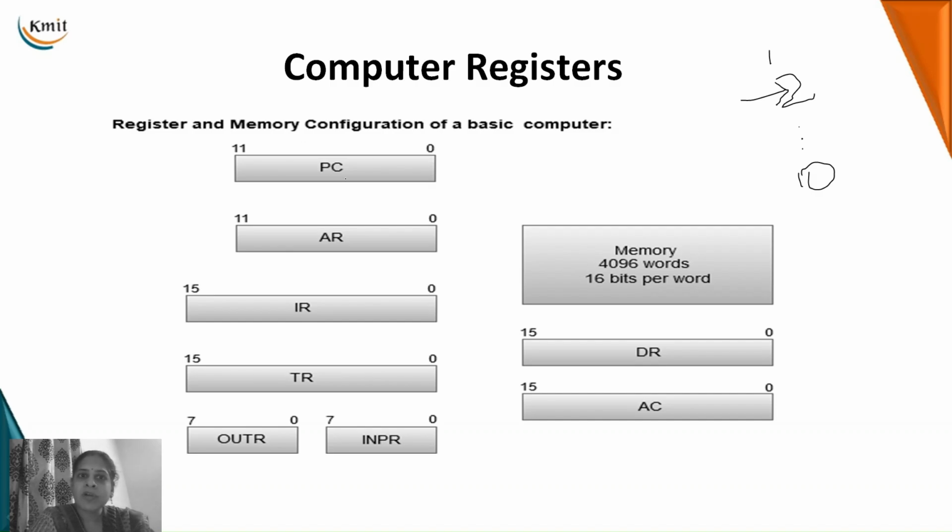The program counter points to the address of the next instruction in the memory location, that is, instruction 3. That is called a program counter.